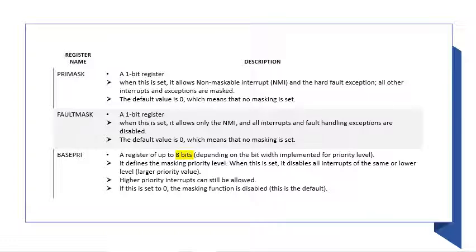An interrupt can be in 3 states: high, medium, or low priority. If there are 5 high priority interrupts, 5 medium, and 5 low, then using BASEPRI you can disable the medium and low priority interrupts. Even among the 5 high priority interrupts, except the one which is already executing, the remaining 4 can also be stopped temporarily.